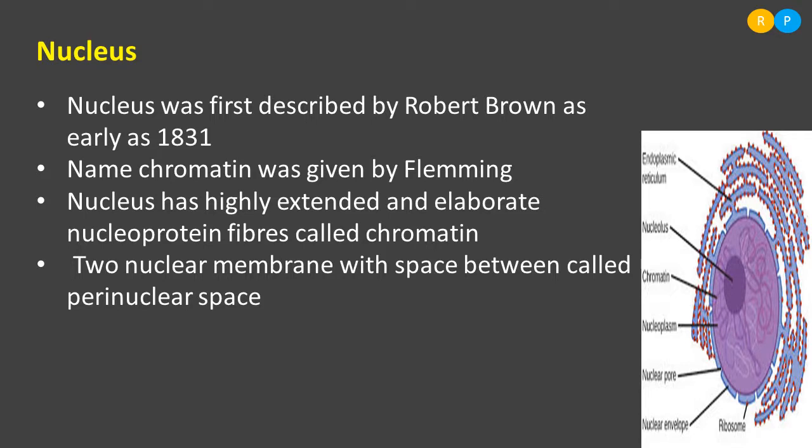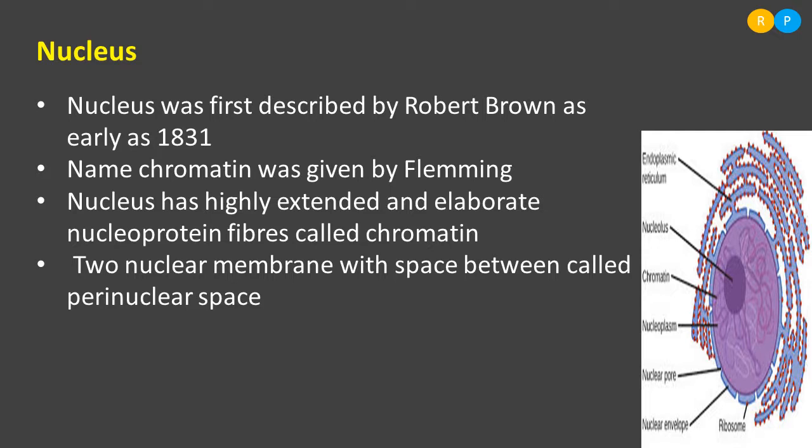We can find this porous structure all over the surface of the nuclear membrane. These pores are actually formed when the outer nuclear membrane comes in contact with the inner nuclear membrane. So at certain regions, the outer nuclear membrane joins with the inner nuclear membrane and forms a porous structure called the nuclear pore.